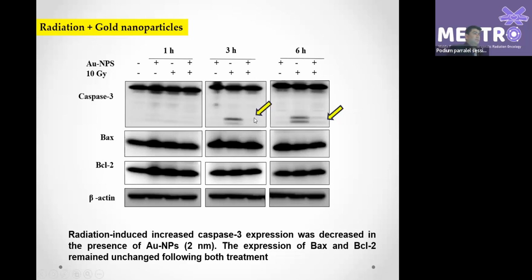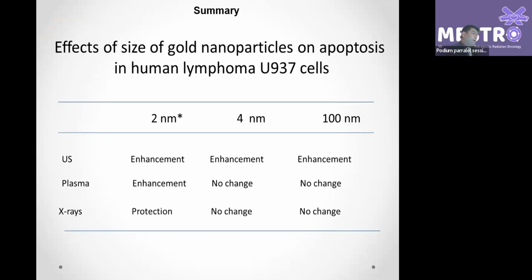You can see caspase 3, which is the main executioner of apoptosis, was completely inhibited in the presence of these gold nanoparticles. The point I would like to make is that if you are planning to use nanoparticles as an enhancement agent, it is very important to choose a proper size, surface and shape. Otherwise, it could have a differential effect, and our studies have proved that.